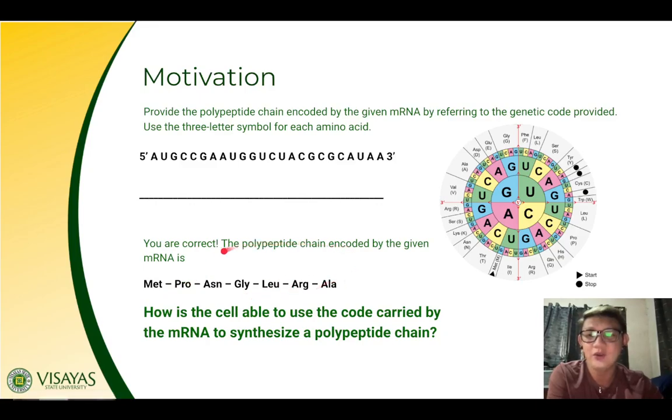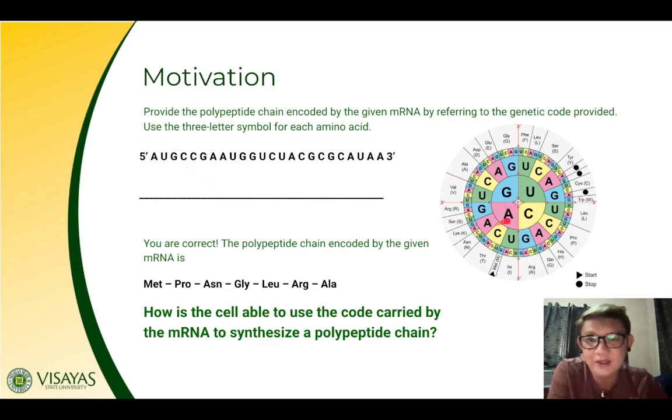So we know this because AUG is methionine, and that is clearly shown here. The first codon is AUG.